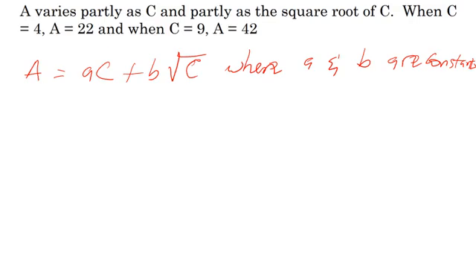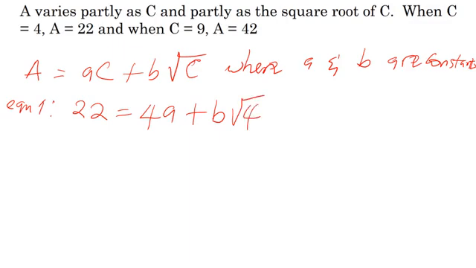The relationship which is there, we need to have two equations. We have equation 1, that is when C is equal to 4 and A is equal to 22. So we can say 22 will be equal to 4A plus B times the square root of 4. That's equation 1.